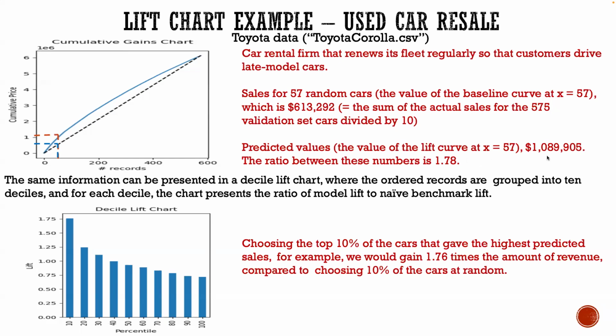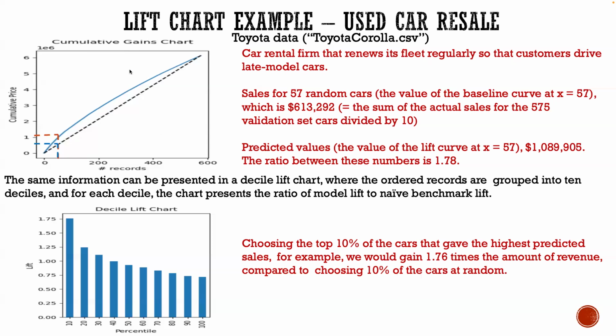So what that tells us is, if we take the ratio of these two, 1,089,905 divided by 613,292, the lift that we are getting by using a data mining model is 1.78. So we can increase our revenue, the price that we are going to earn, by 78%, right? So that's what we can identify with the help of the model. So the higher this value, the better the model it is.